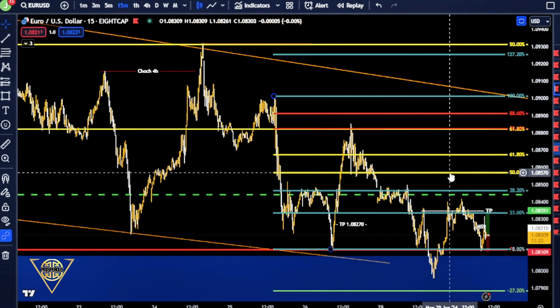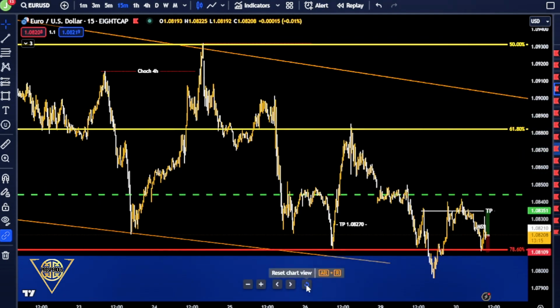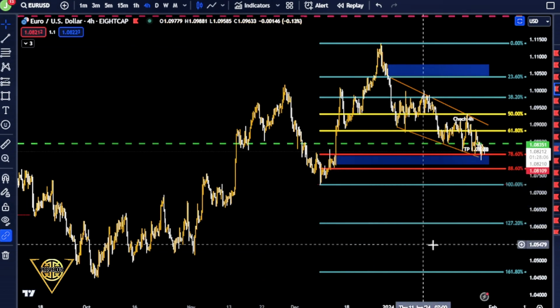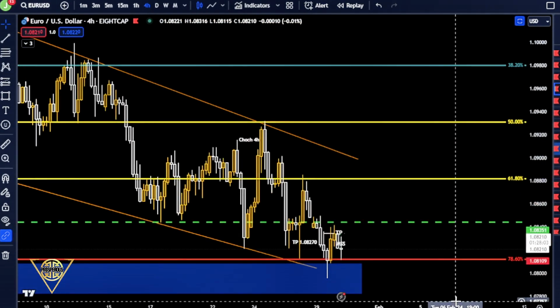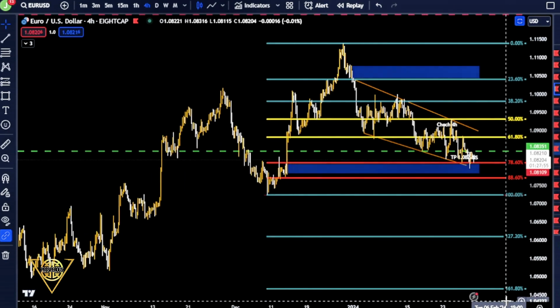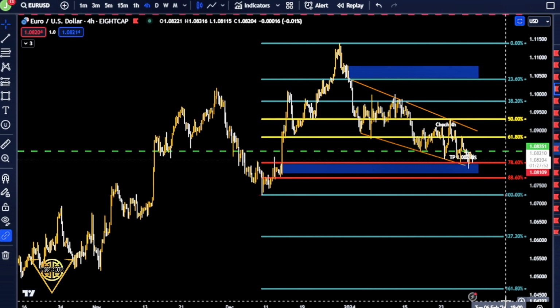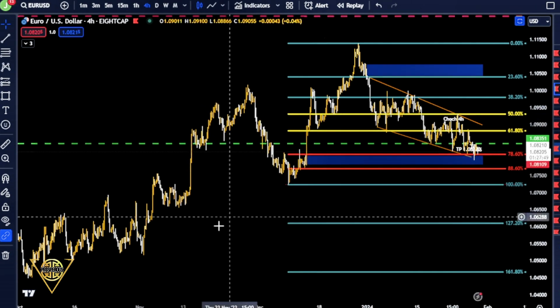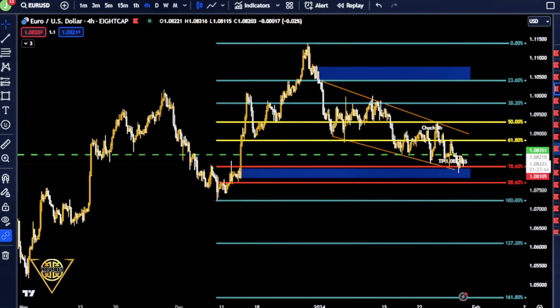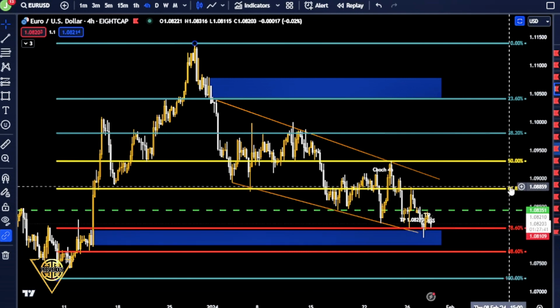As you guys see on the market structure on the 4 hourly, we could easily tap into the 61.8.